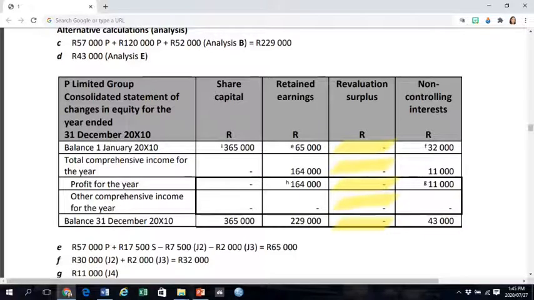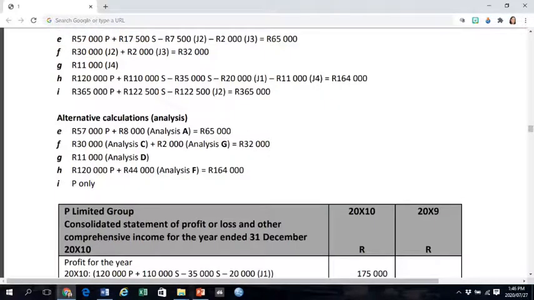We will now focus on the calculation of the opening retained earnings, calculation E, and profit for the year, calculation H. Because we already looked at the analysis of equity, we will follow the alternative calculation. The opening retained earnings of the parent is 57,000. To that we add the portion of the subsidiary's retained earnings since acquisition date that was attributed to the parent.